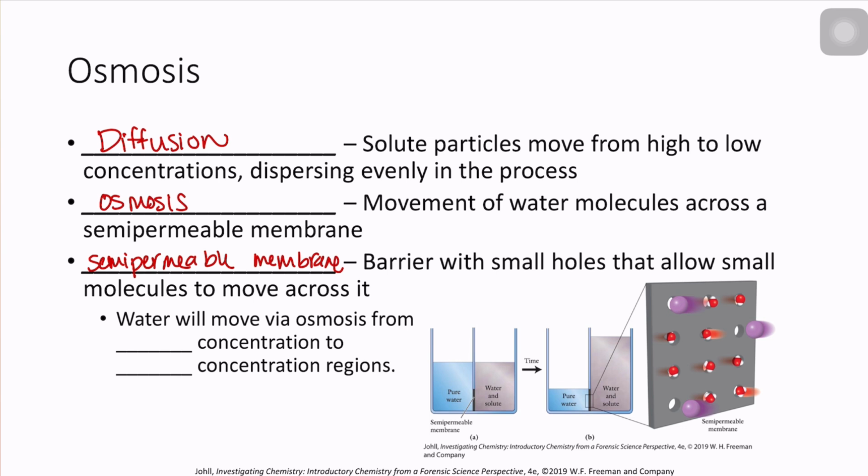Water will move by osmosis from low concentration to high concentration regions. And what this does is it kind of evens out the concentrations of the solution. This is really present in our cells.